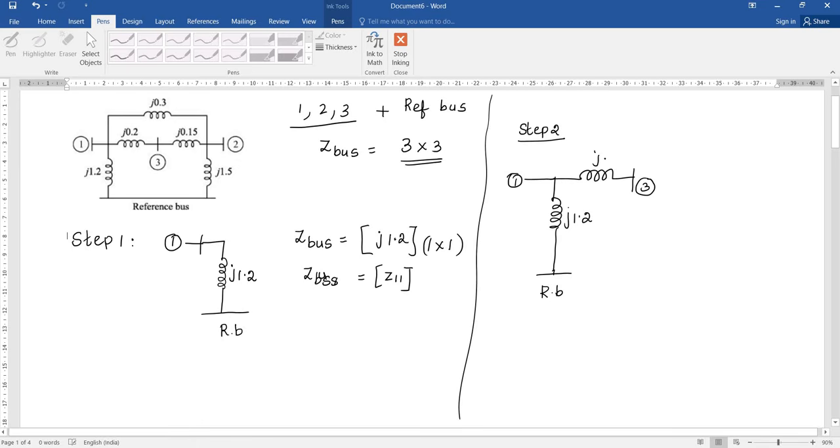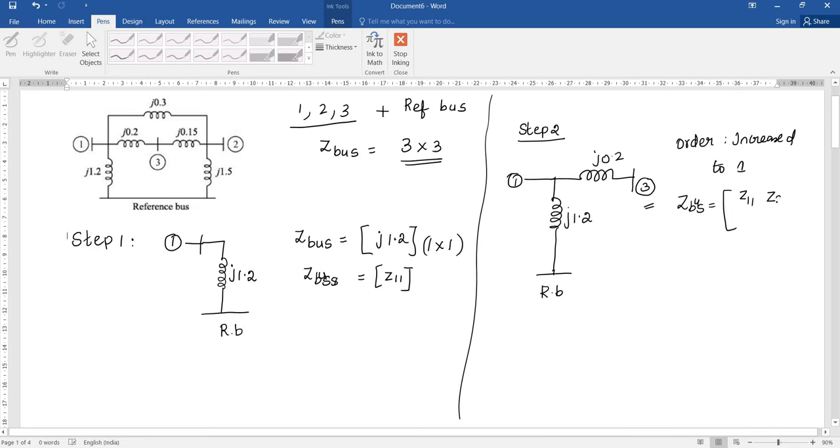The element value is j0.2. So this is the new bus, and the old bus is connected to the new bus. The order of the matrix is increased by 1. Already we have a 1 cross 1 matrix. Now the Zbus should be a 2 cross 2 matrix.